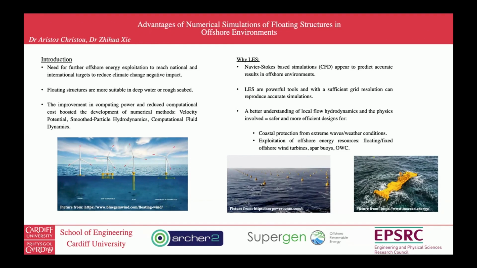And additionally, the improvement in computing power and the reduced computational cost boosted the development of numerical methods. Several approaches exist in the literature. For example, velocity potential or smooth particle hydrodynamics or CFD, wherein CFD is what we call the Navier-Stokes based simulations.